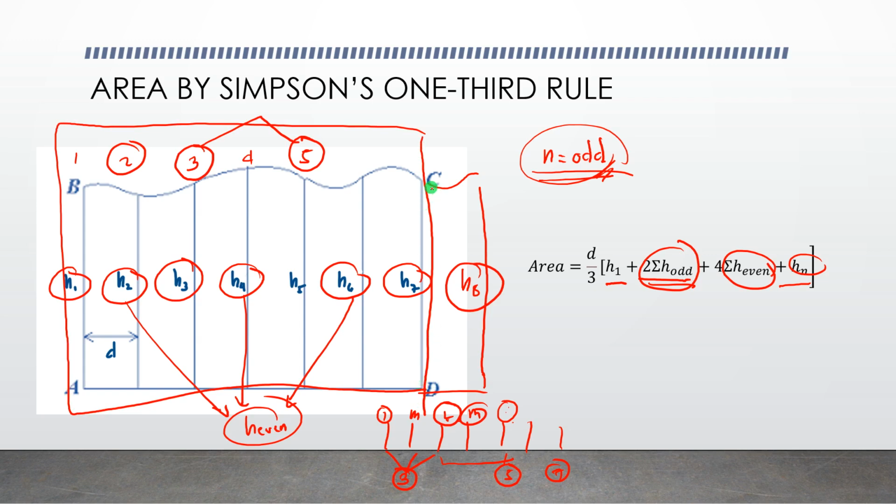And the remaining area, between station 7 and station 8, we simply compute by the trapezoidal rule, the area of the trapezoid, so that we can compute the total area.